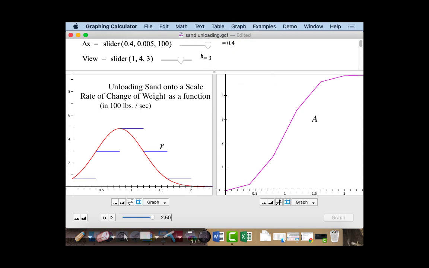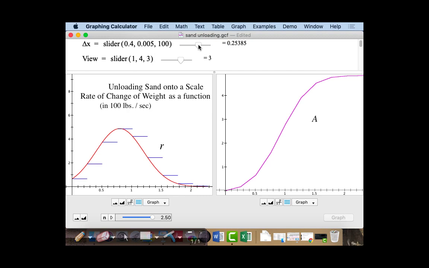Now, if I were to make delta x smaller, it should be a better estimate. This one's a slider, so I can keep them up there. I'll just make delta x smaller and smaller. Let me stop at about 0.25.